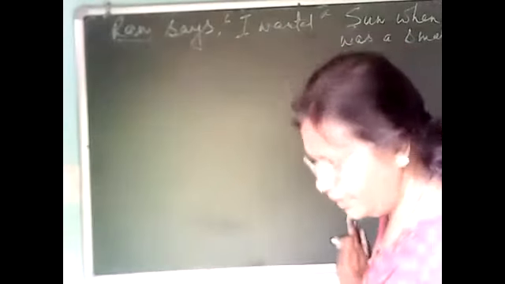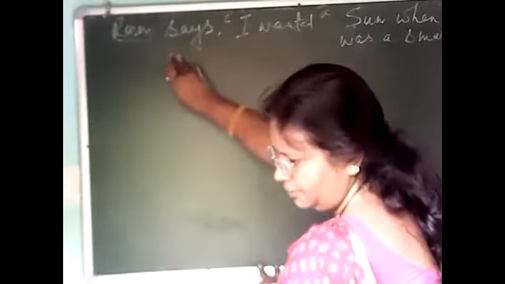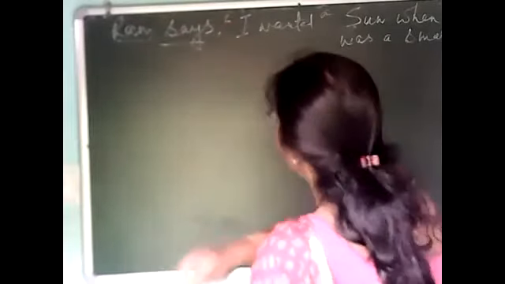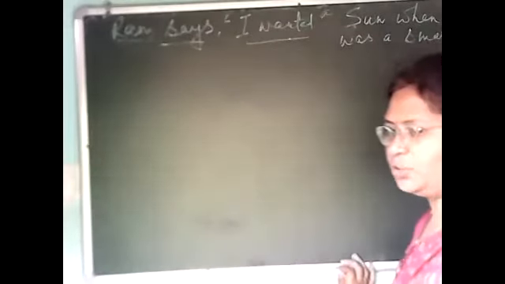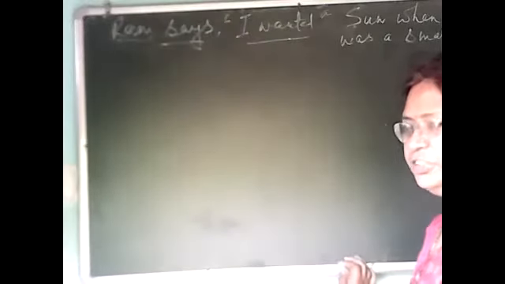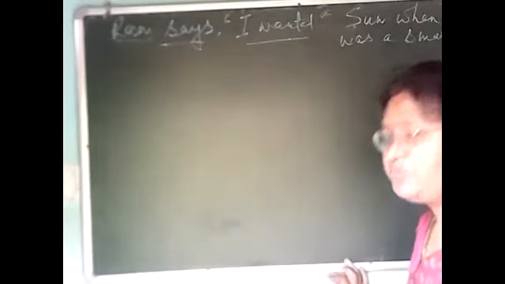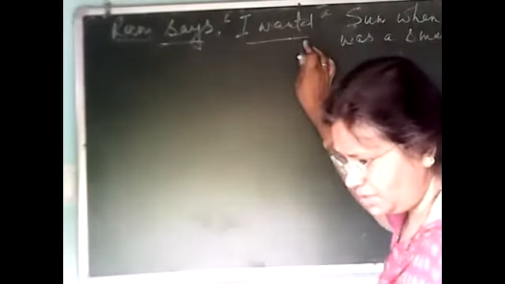Okay, inverted comma close. Now what I have done, this one is present tense, this one is past tense. How will this happen? Suppose that Ram has said it so many times that when he was a small boy, he wanted sun. It's just an impossible thing. So here it is written in past, this one is written in present.